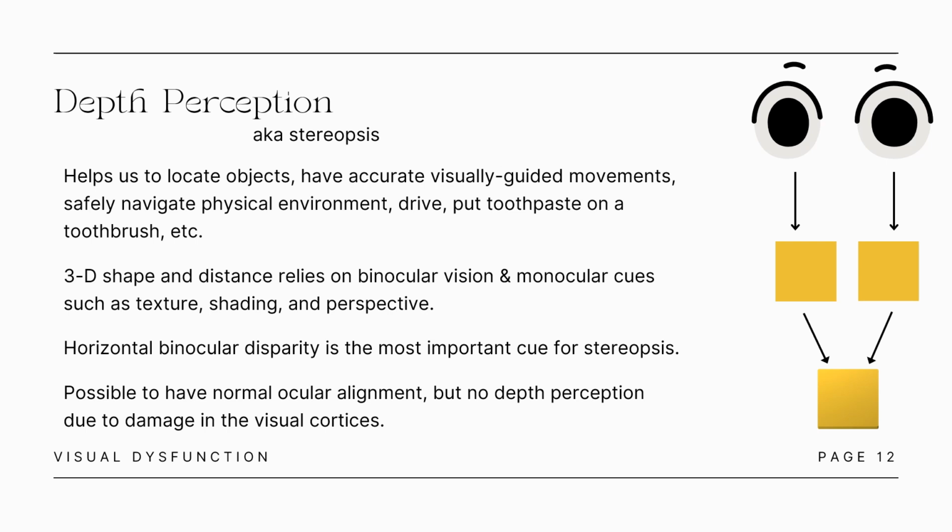This horizontal disparity between the two images causes the image to pop into 3D. If you have a patient whose eyes are not aligned, that's a pretty good cue that their depth perception will be compromised. However, it's also possible for clients post-ABI to have fusion, accurate alignment, no double vision, and yet have no depth perception due to cortical damage.